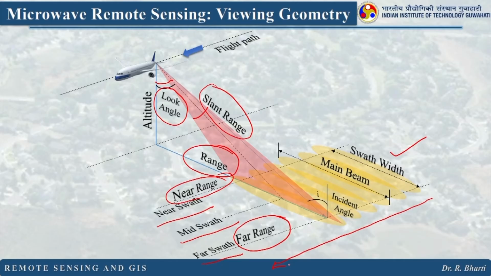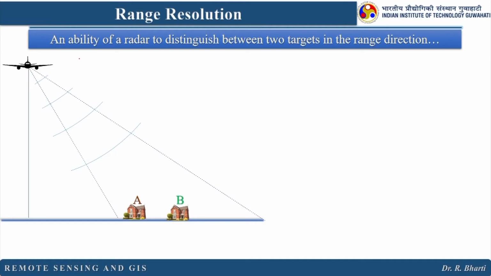How do we define range resolution? So, range resolution is basically the ability of a radar to distinguish between two targets in the range direction. And here in this diagram, this particular sensor which is located here is releasing the pulses, right, and we are trying to illuminate this A and B target, or let us consider this whole area, right.